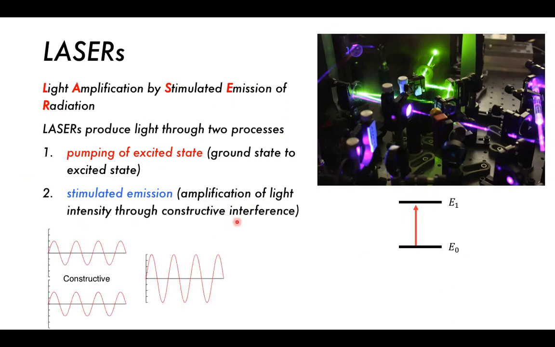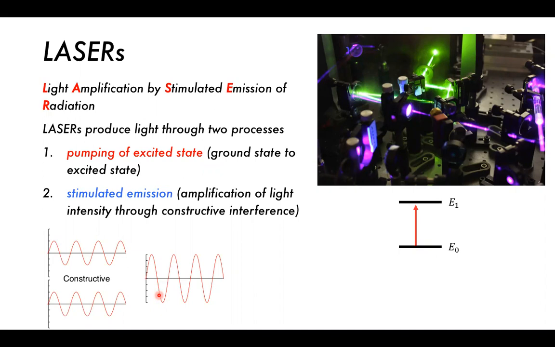So last time we talked about waves, and we talked about how they could interact with each other. And if they had the same sort of period of their wave, like these two, then they could interact constructively, and that would amplify the intensity. And so that would result in more intense light.